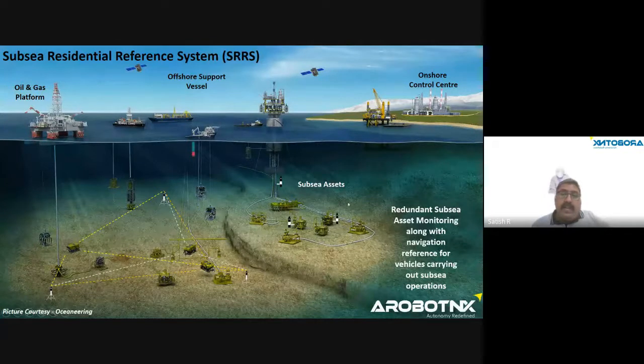The transponders are able to measure vibration, fatigue, and temperature. That can also be communicated, flagged, and sent to the surface. So it is becoming more than a reference. It is becoming more intelligent, and important information for customers about their subsea assets.